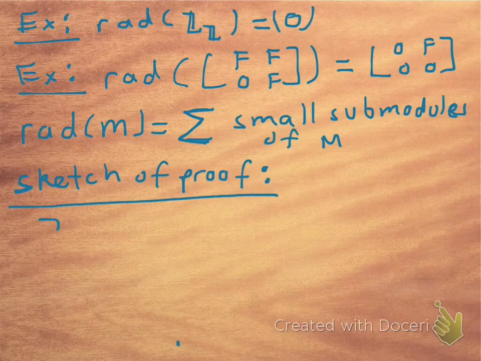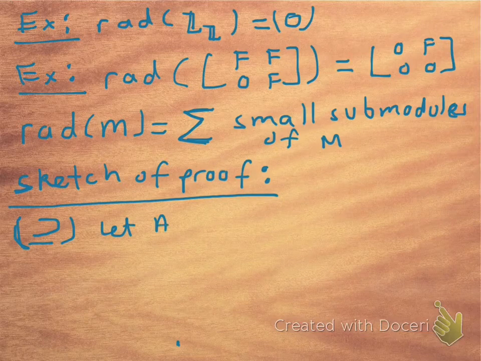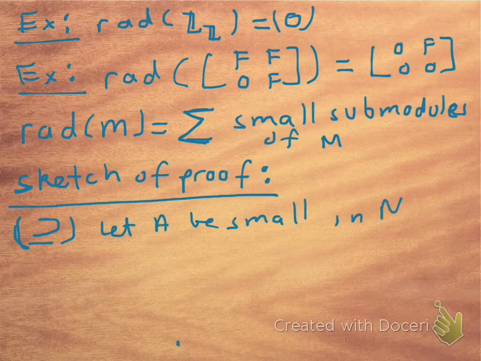To prove the inclusion of the right side in the left side, take a small submodule B small in M, and notice this. If there are no maximal submodules of M, then the radical is simply defined to be all of M. Therefore, A is contained in M vacuously. So we will simply assume that there are maximal submodules, and N is one of them.